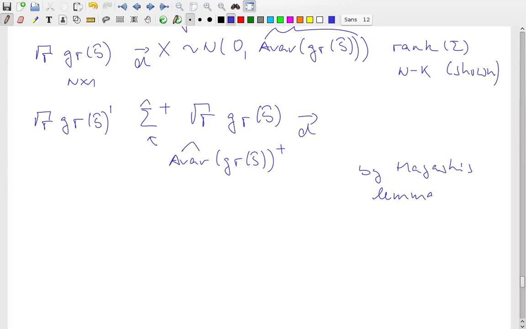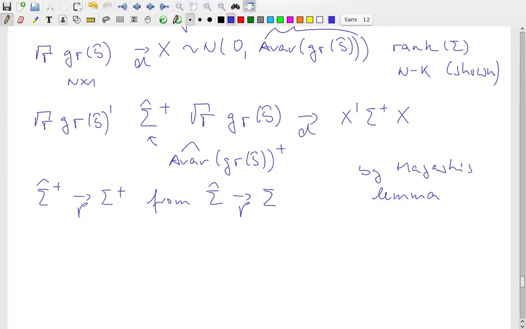Now, by one of the lemmas that we've taken from Hayashi, which is precisely concerned with the convergence of such quadratic forms, we learn that this random sequence converges in distribution to X prime sigma plus X, noting that we are able to provide a consistent estimate of this pseudo inverse, if we're able to provide a consistent estimate of the asymptotic variance covariance matrix of g_T of b hat.